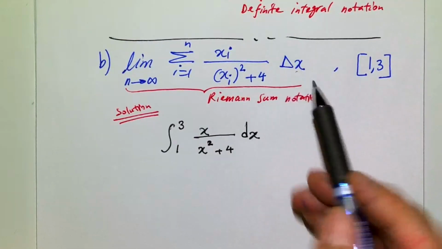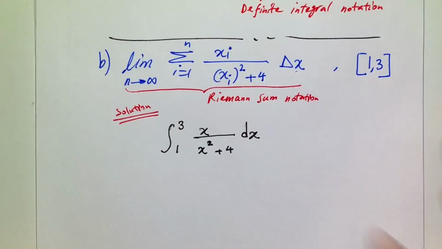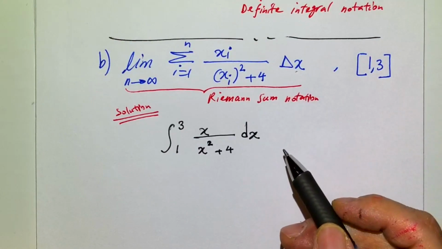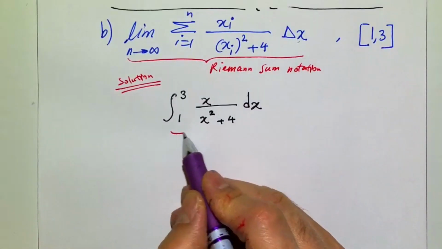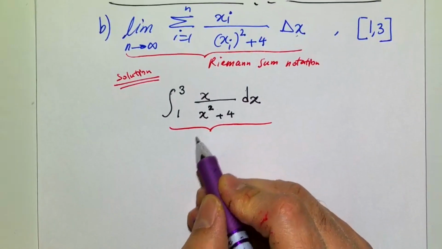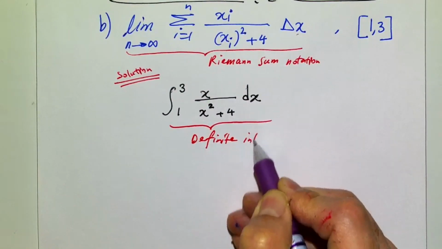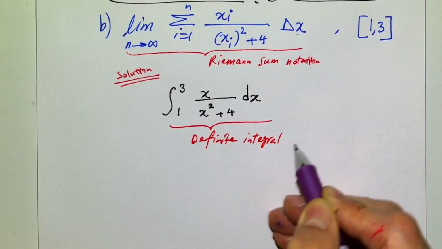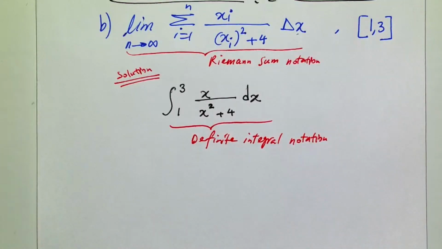When those intervals are infinitesimally small, we call it dx. And this is all they want us to do. Let me just mention that this is the definite integral notation.